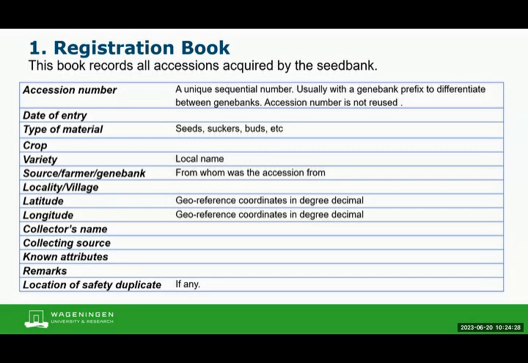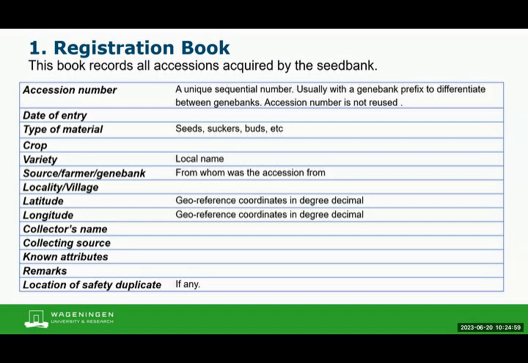And the first seed lot that enters will be given SAN 0001. The next one will be given SAN 0002. And of course, that number will be unique to that lot. And then these are the information that needs to be entered: the date of entry, the type of material, it may be seeds, it may be suckers, or any kind of thing, the crop, the variety, and it should have all the names with which it is known.